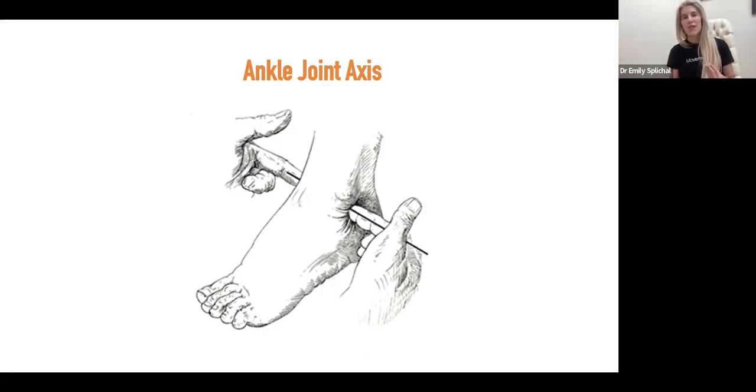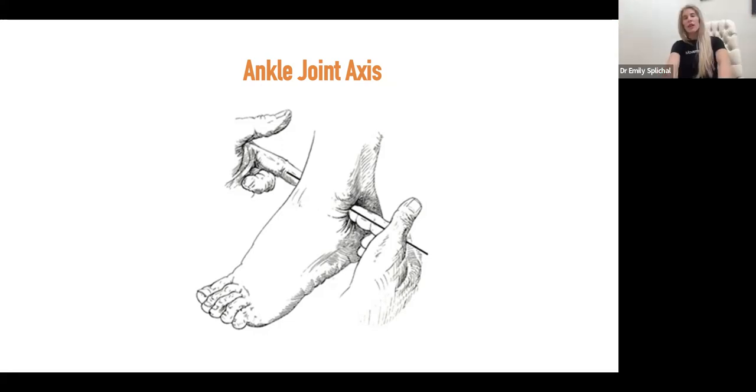However, transverse plane motion in the foot and the ankle is not rotation. It is actually abduction and adduction. Okay, so AB, turning away from the midline, AD. So this is your transverse plane. Obviously, we're rotating on the transverse plane when we are outside of the foot and the ankle. But in the foot and the ankle, it's going to be abduction, adduction.